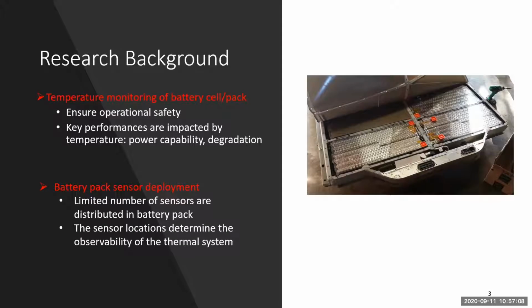One critical issue for temperature monitoring is battery pack sensor deployment, because there are a limited number of sensors in the battery pack. For example, in the electric vehicle, typically the ratio of sensor to cell in the battery pack is less than 1 to 10. And the sensor locations are important because they determine the system observability.